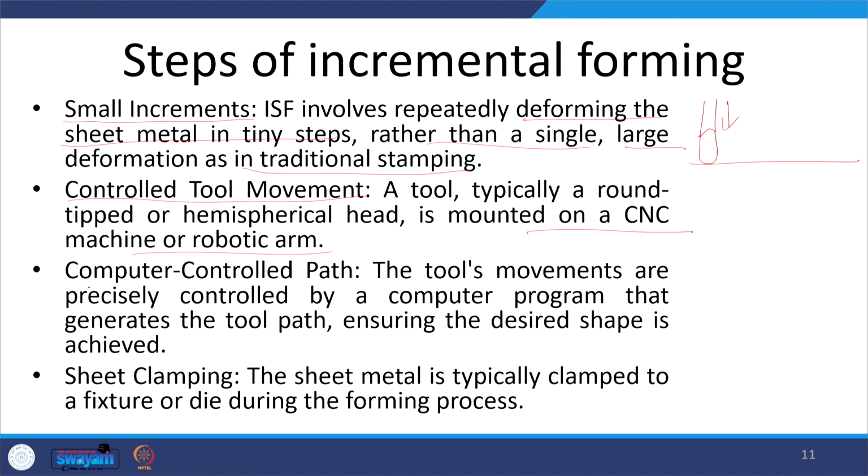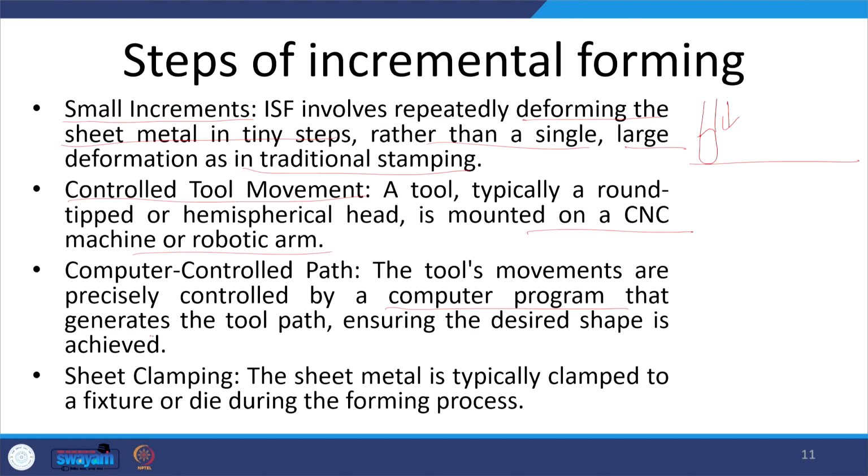The path along which the plastic deformation is to be realized is generated by a computer program that produces the tool path to achieve the desired shape through plastic deformation. And the sheet metal clamping can be done simply by holding the sheet at the end, or the sheet is typically clamped on fixtures or a die during the sheet metal forming.